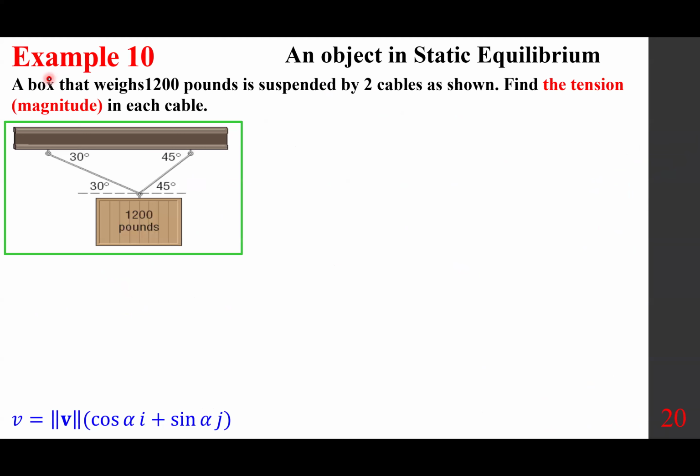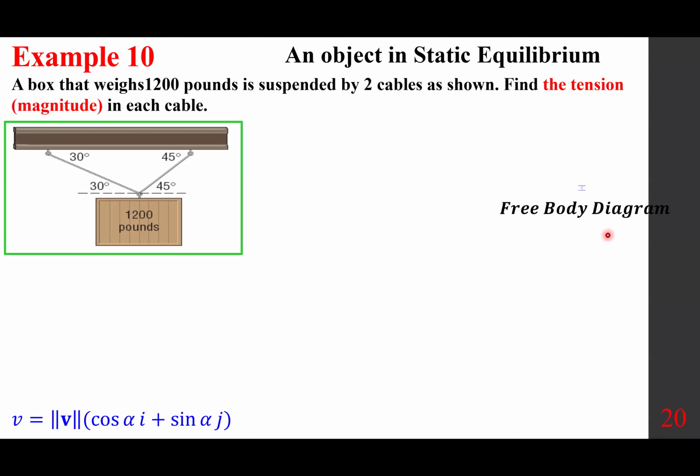Example 10. A box that weighs 1,200 pounds is suspended by two cables as shown. Find the tension or magnitude in each cable. An object in static equilibrium, so it doesn't move.